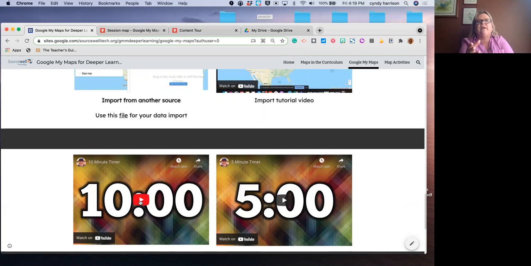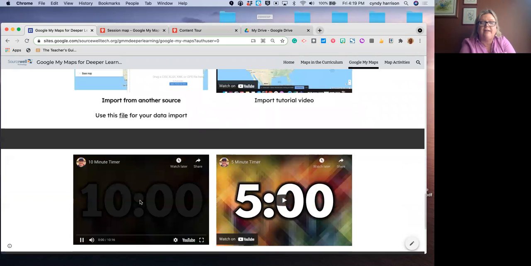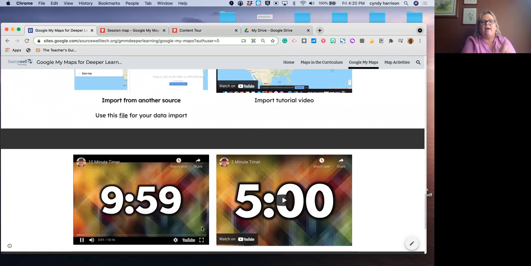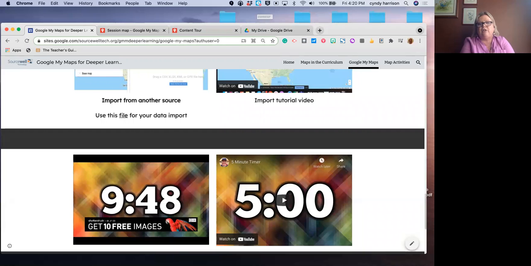Perfect. How do you determine which layers you include? Very good, that's a good question. I'm going to go ahead and click that so I stay focused on the 10-minute timer. But for you in the chat about how you determine what layers you add, it is up to you to decide. Many times, if it's just the map I'm creating, and you'll see that when we go into some other map activities after this one, I've stayed on one layer.